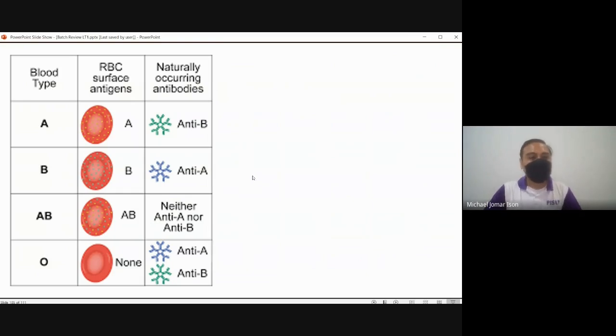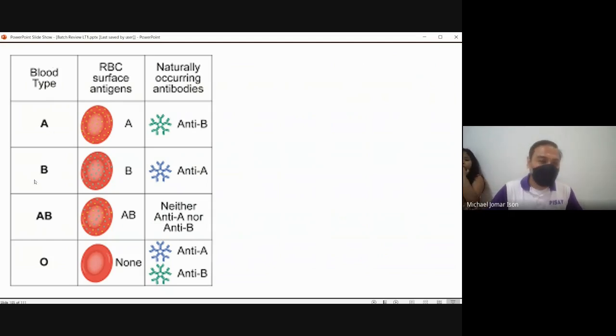So just remember that blood type A has anti-B, so it is against the B. The blood type B has anti-A, so it will be reacting against the A. The AB doesn't have any of these antibodies, while the O will have anti-A and anti-B, so they will be reacting with antigen A and antigen B. So just remember, in terms of naturally occurring antibodies, A has anti-B.